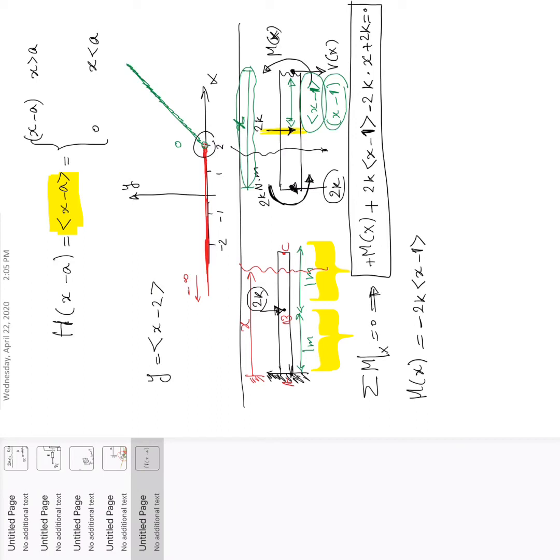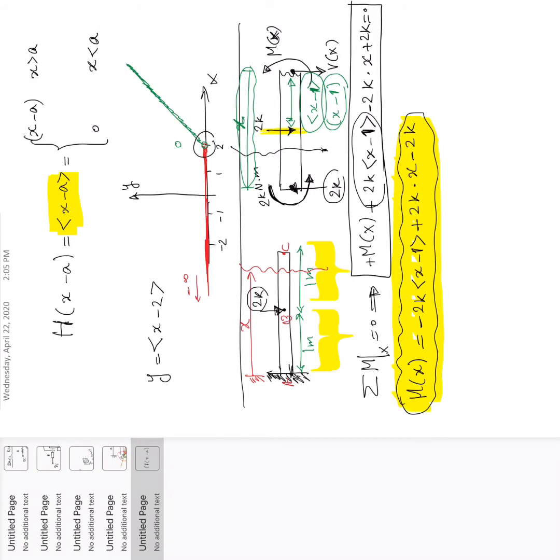So this 2K here is positive, I took it to the right, negative 2K times Heaviside x minus 1 plus 2K times x, negative 2K. That's it. That's my moment diagram. Highlighted. Just one beautiful equation, one line.